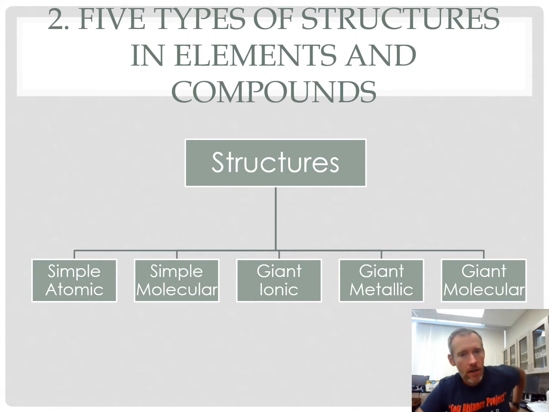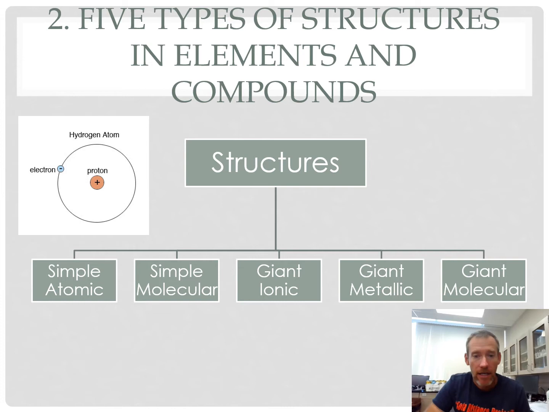All right, quick introduction to solids. There's basically 5 different types of structures. You have simple atomic, meaning it's a simple atom. Simple molecular, we talked about that earlier this year, like hydrogen gas, oxygen gas, all simple molecular. Giant ionic, giant metallic, and giant molecular.